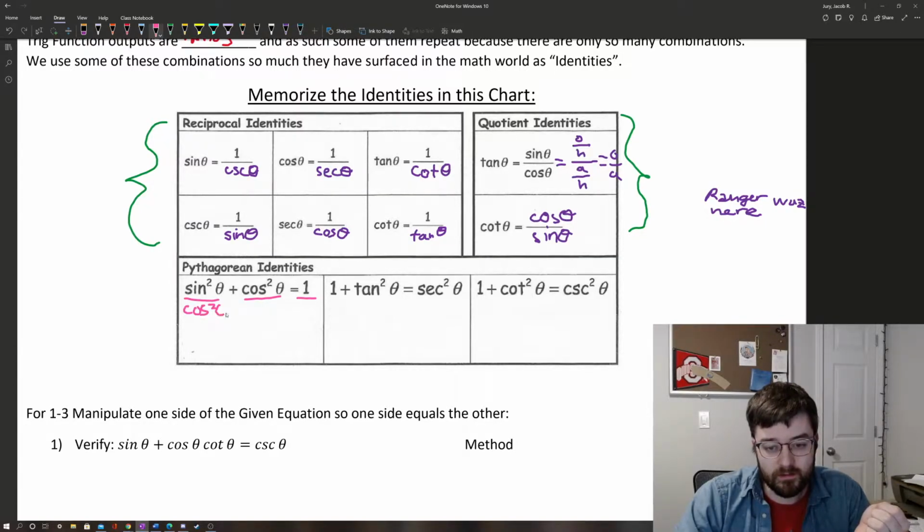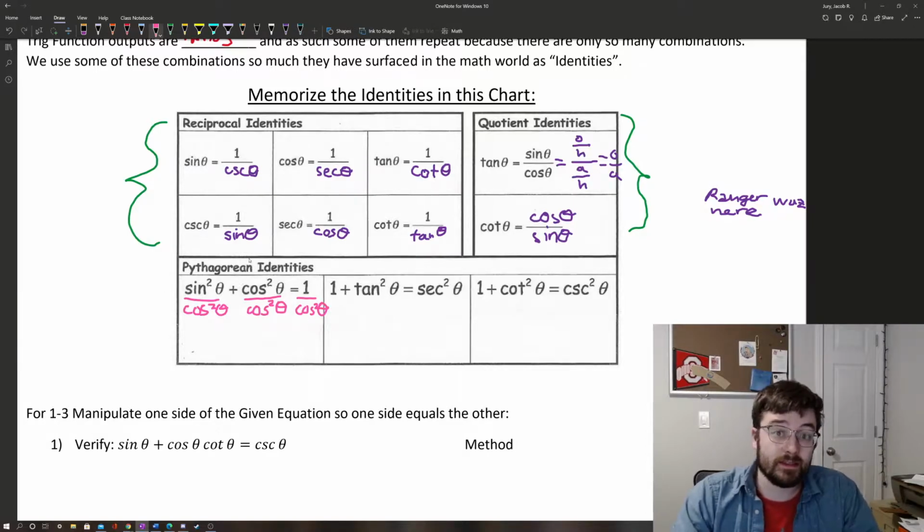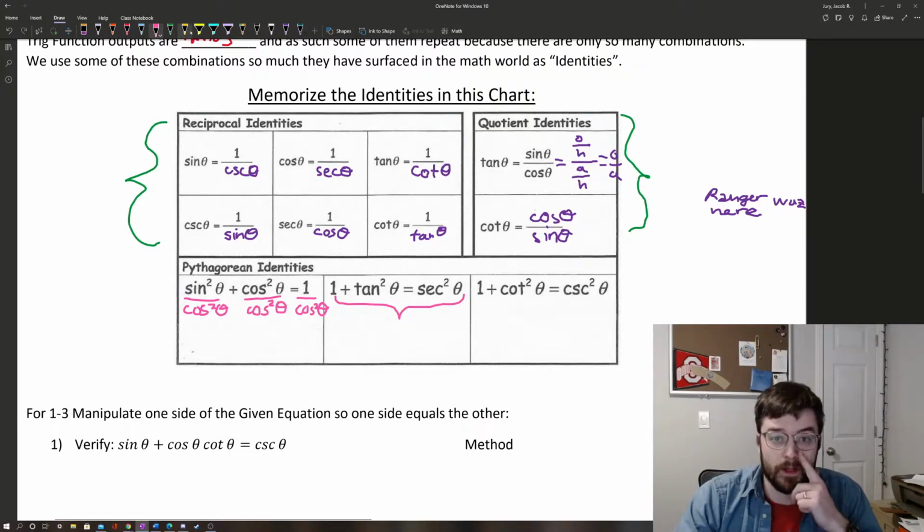So I'm going to take cosine squared theta, and I'm going to use that as what I divide my Pythagorean identity by. And what you hopefully notice is that this is now going to turn into my second identity. So we're going to use this so much that we have really just 3 iterations of the same identity.